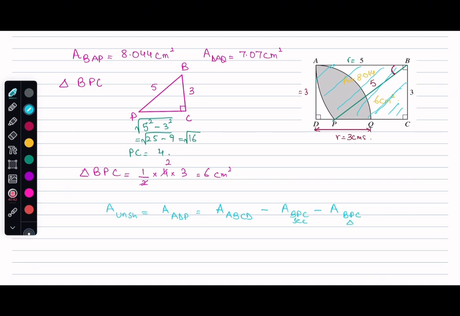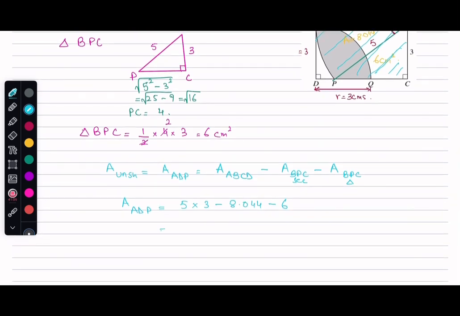Let's substitute all the values. The unshaded area ADP is the area of the rectangle, 5 times 3, minus the sector area 8.044, minus the area of the triangle BPC, which is 6 centimeter square.